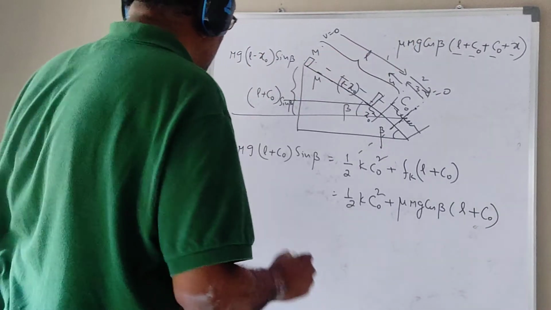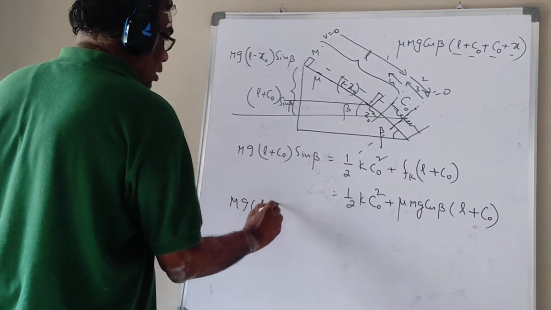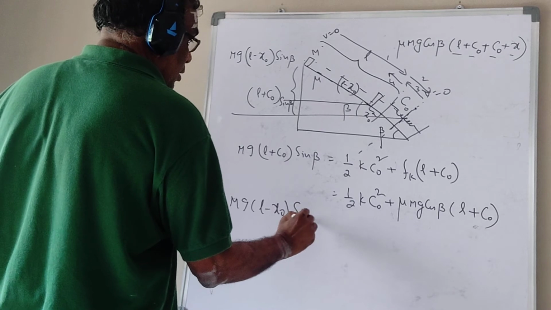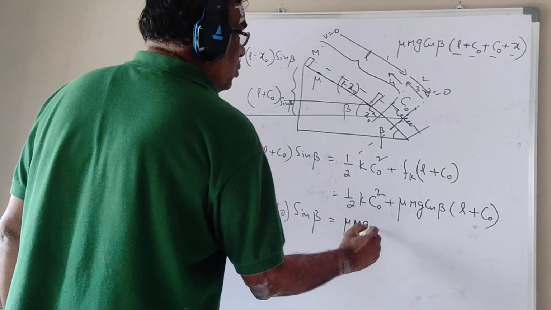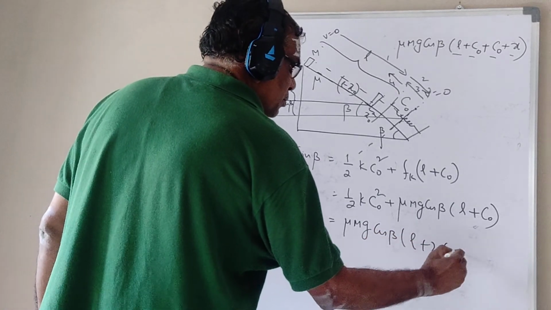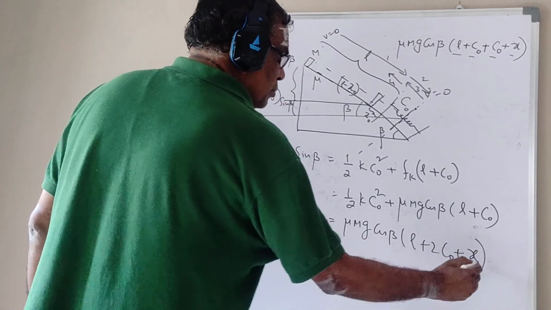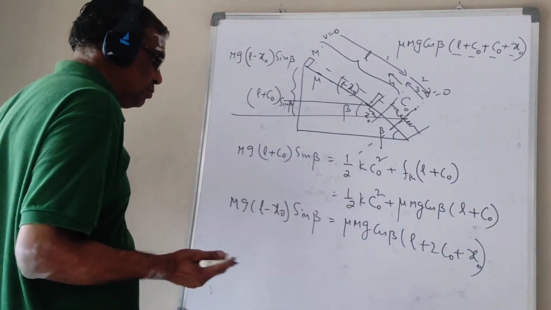And these two are the same. Mg L minus x naught sine beta is mu mg cos beta into everything given.